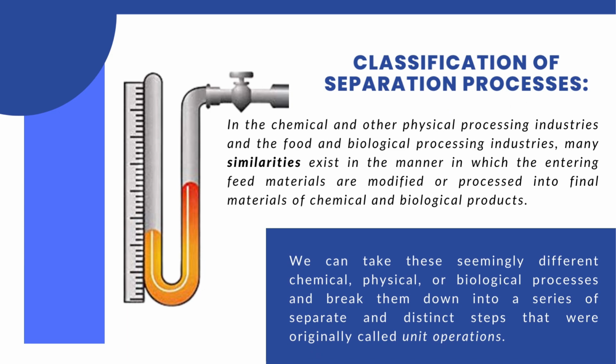There are various similarities when we look at the pattern of the feed being entered, processed, and converted to the final product in almost every industry, that is in chemical, food processing, and biological industries. Hence, we can take all these processes that are different and they carry out small steps of separations by breaking them down.